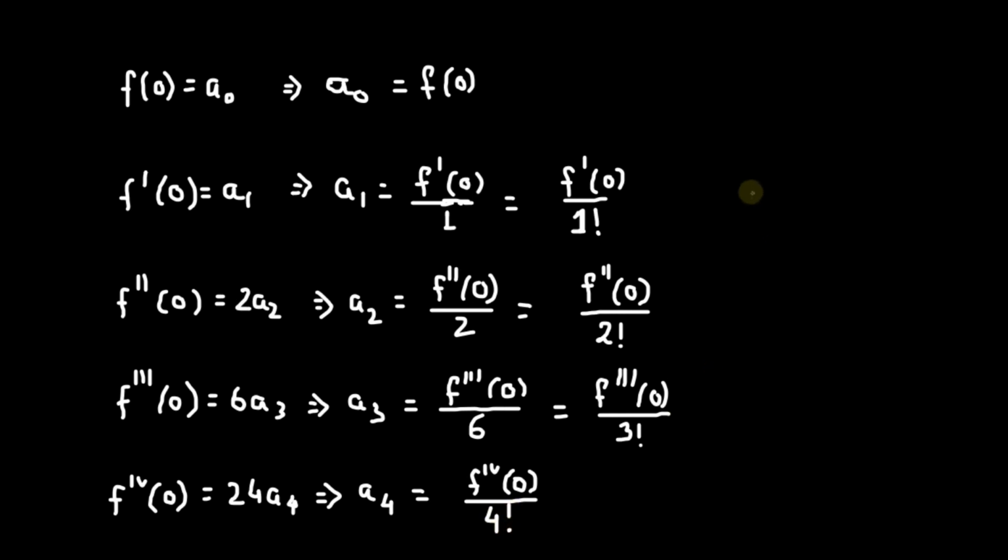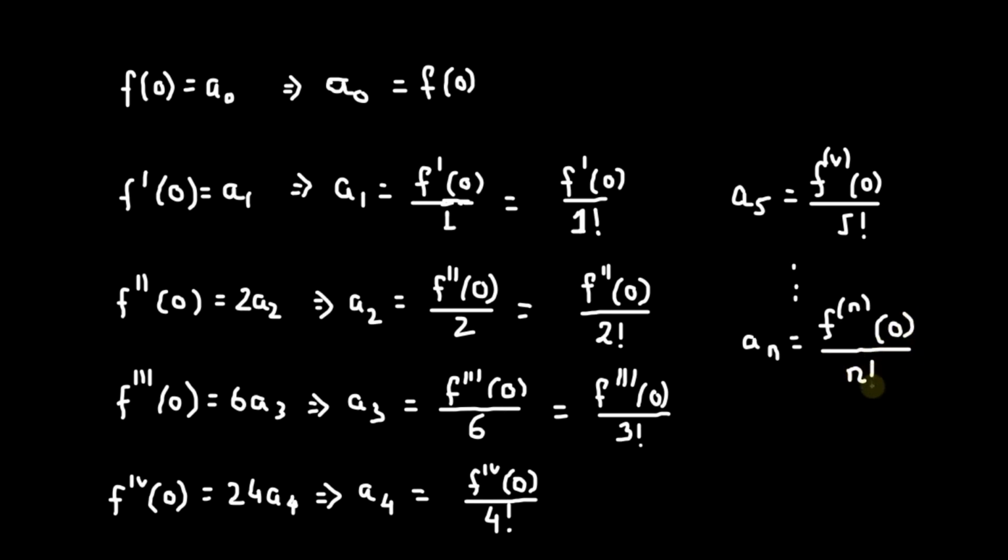If we continue the trend, a5 is equal to the fifth derivative of function f calculated at x equals 0 divided by 5 factorial, all the way up to the nth term, which will simply be the nth derivative of function f calculated at x equals 0 divided by n factorial.